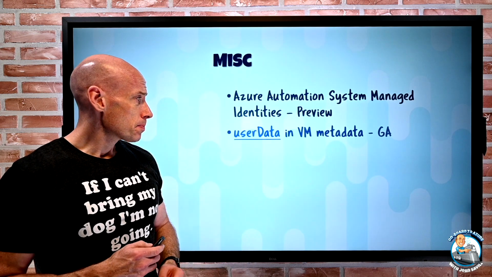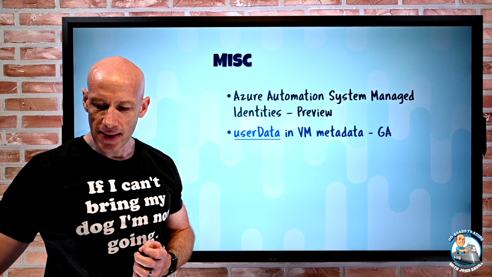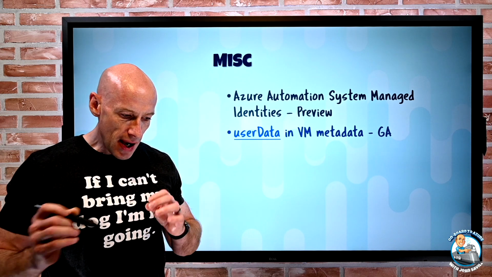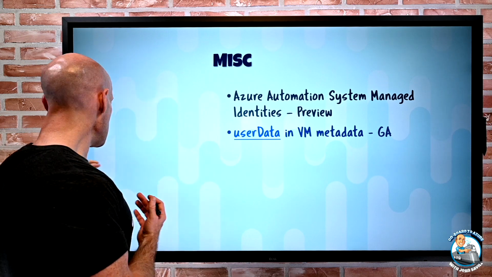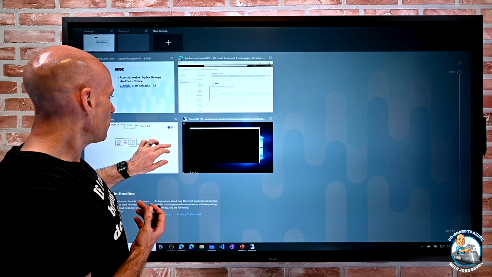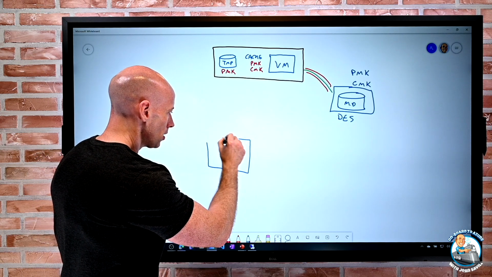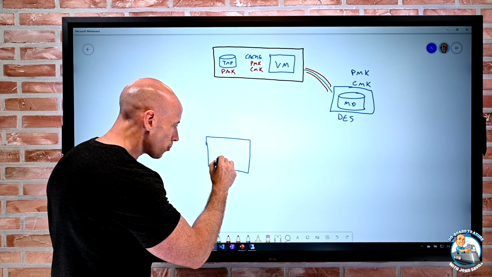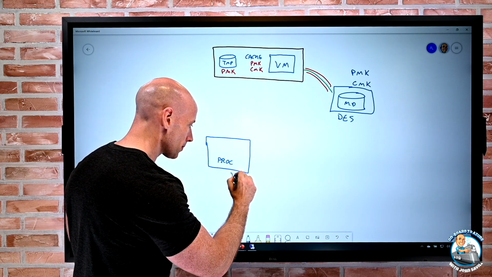And then finally, there's now user data in the VM metadata. So remember, the VM metadata is all about the Azure Instance Metadata Service. The idea is that as a virtual machine running in Azure, I can be running some kind of process inside that virtual machine.